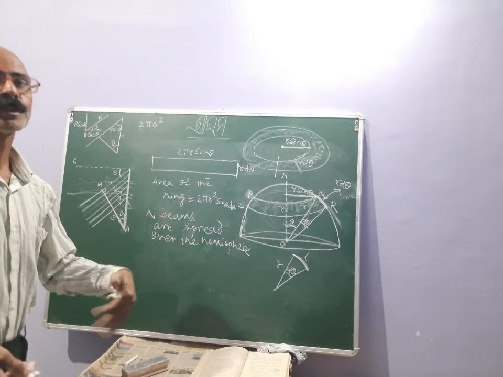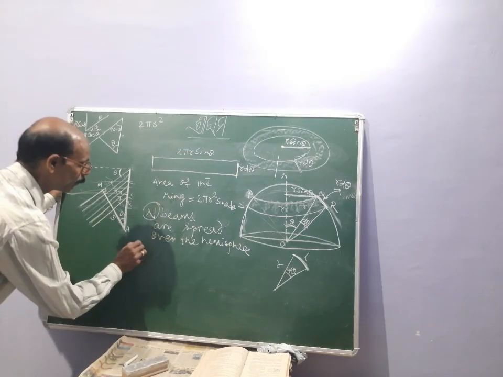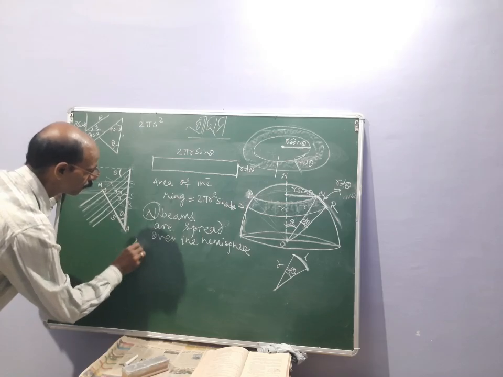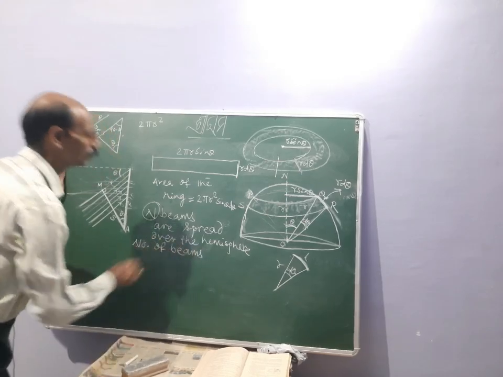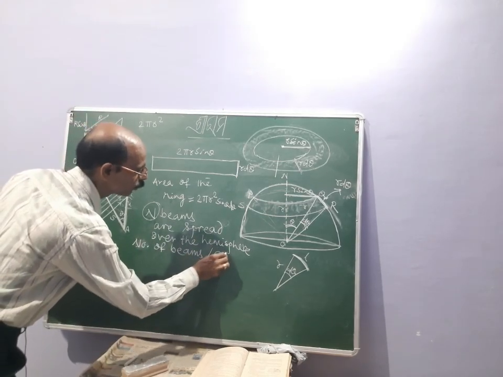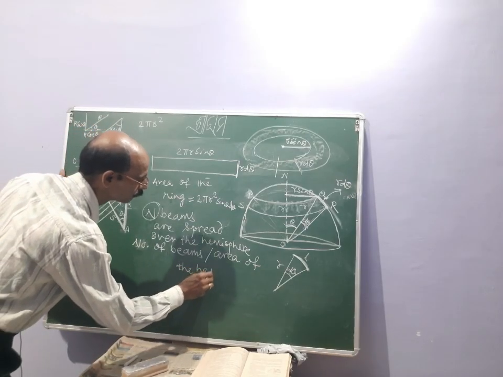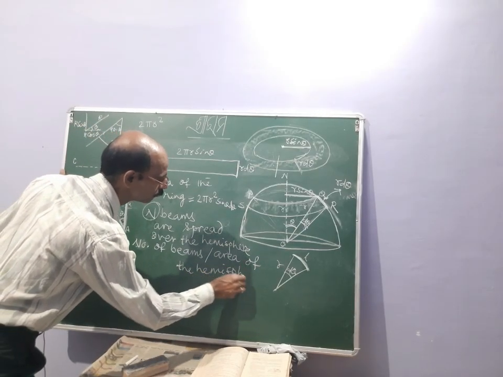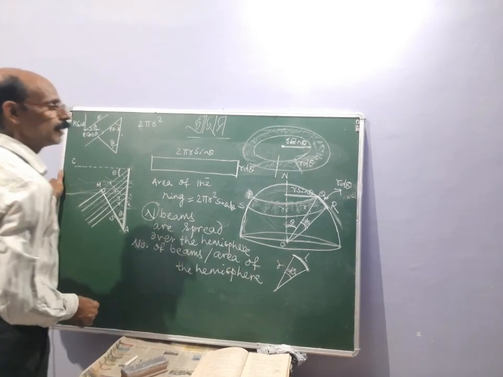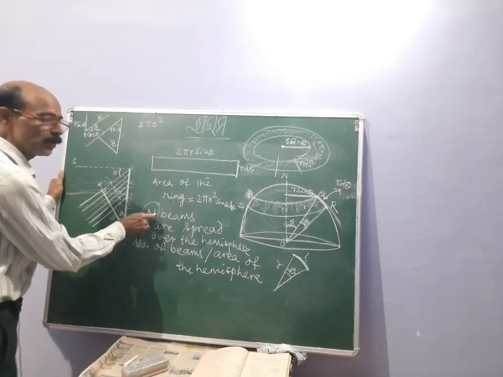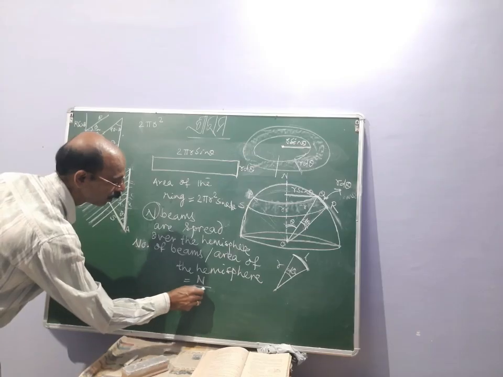तो number of beams per unit area of the hemisphere कितना हो? हेमिस्फीयर का एरिया 2πr², n बीम्स, तो n divided by 2πr².